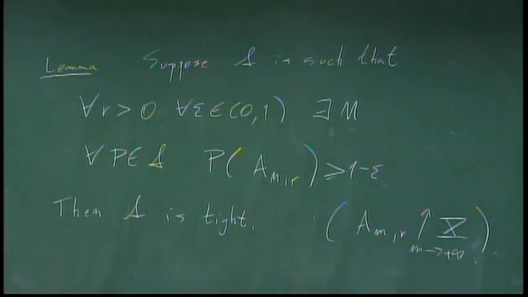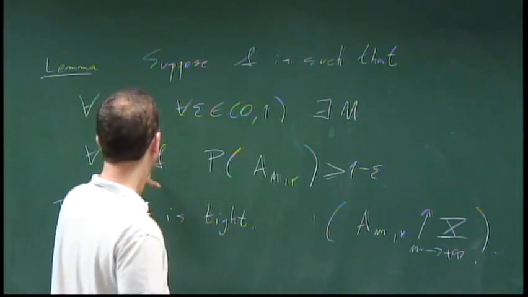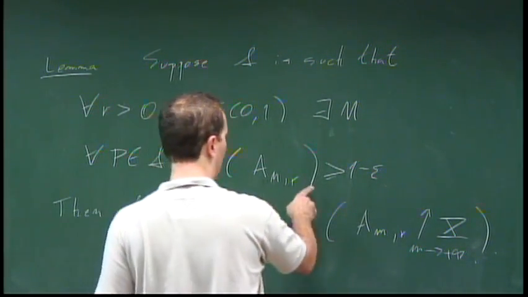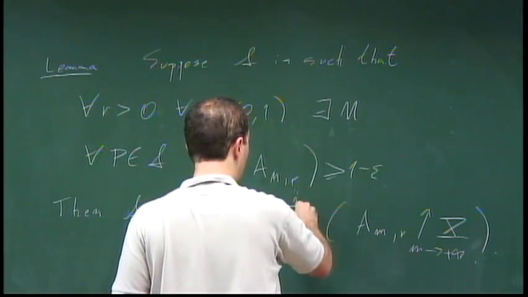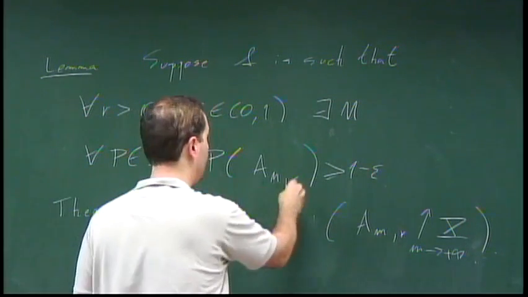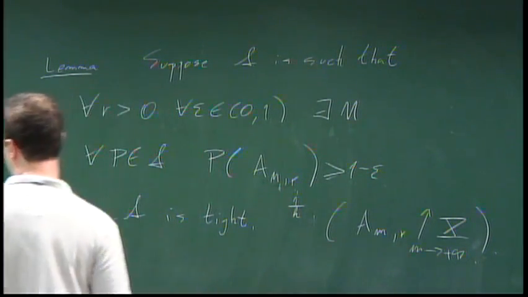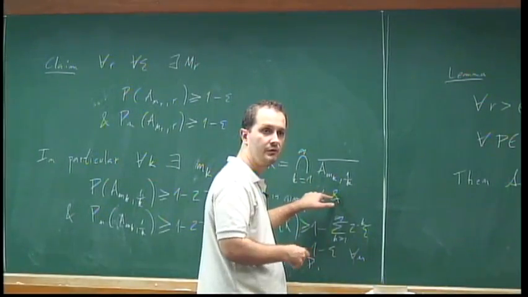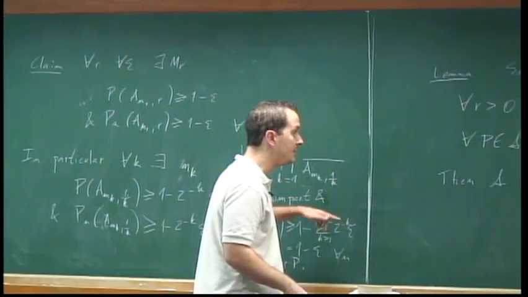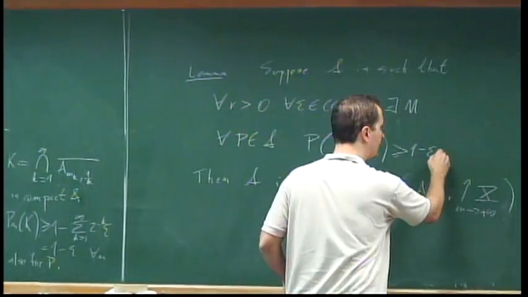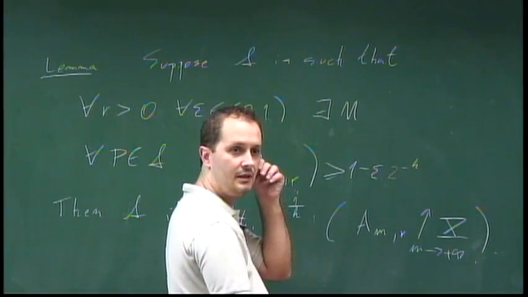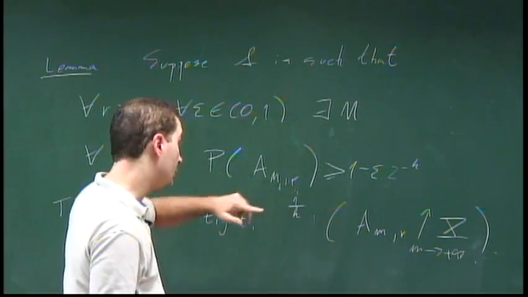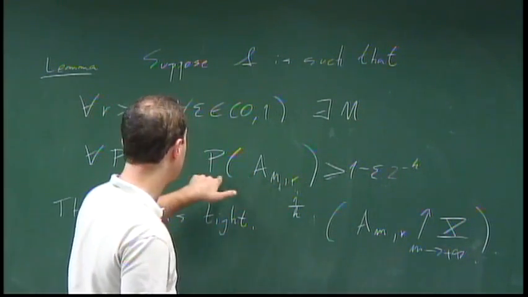Again, I'm claiming this lemma, and the proof is more or less what we have here. For all radii of the form 1 over k, you take the corresponding m of k. Then if you take the intersection of these closures, this must be a compact set by the argument from the previous class. You take this with epsilon replaced by epsilon times 2 to the minus k. Then when you take the intersection of the closures, the measure is going to be larger than 1 minus epsilon for all p in S.